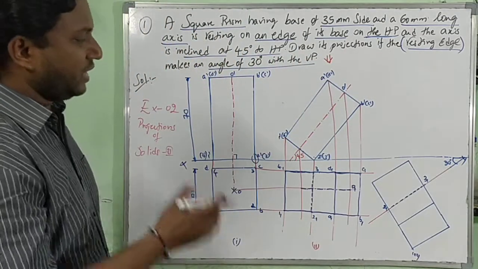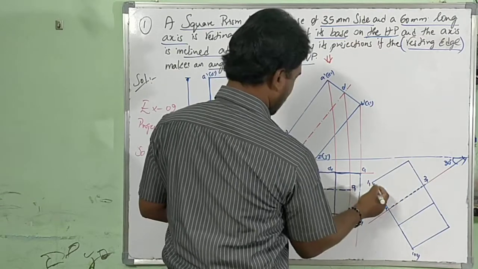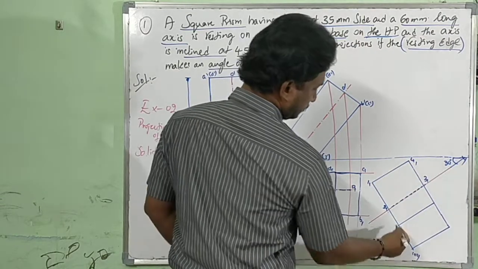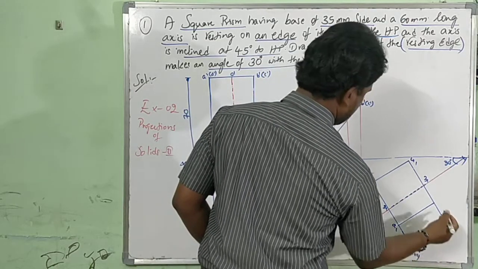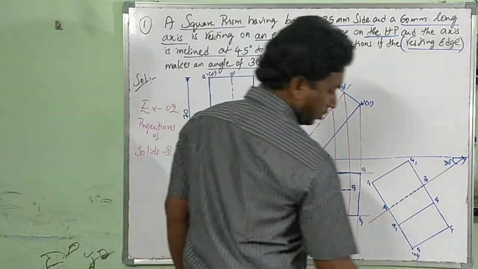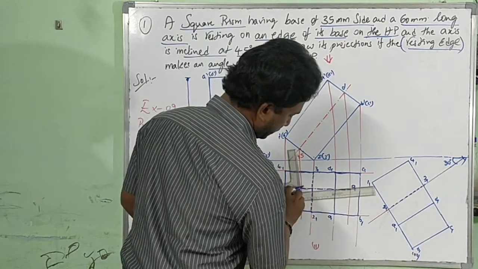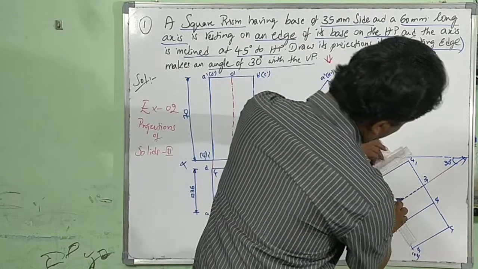I have just reconstructed that. Now points 1 1, 2 1, 3 1, 4 1. Now here A1, B1, C1, D1. How about O? O dash is also to be drawn. You have to measure this, half of the part.